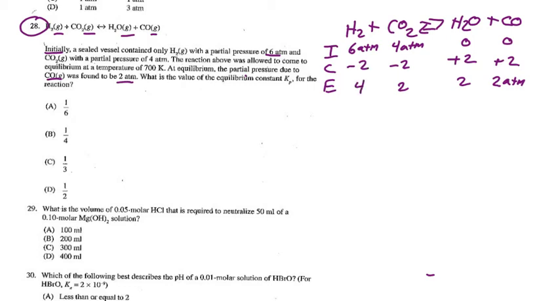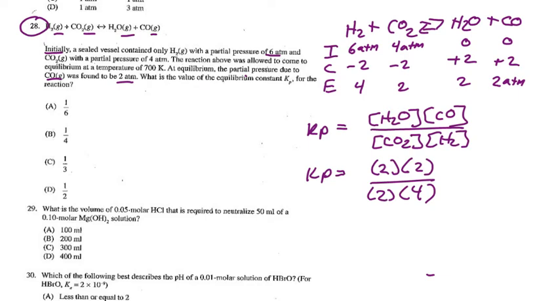Alright, so we have all of our equilibrium values. They want to know what the equilibrium constant is. That's easy. Let's plug it in. Alright, so there we go, equilibrium expression, plugged them in, and so our Kp is going to equal, well, on top 2 times 2 is 4, on bottom 2 times 4 is 8. It looks like it's going to be roughly a half, so the answer should be D.